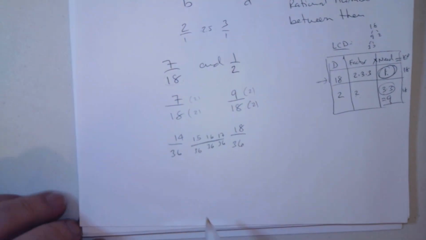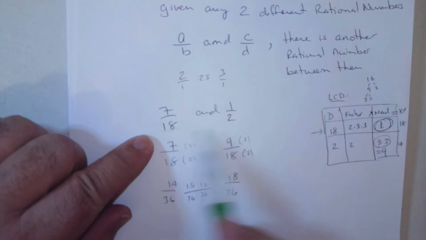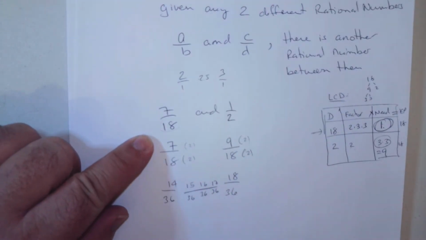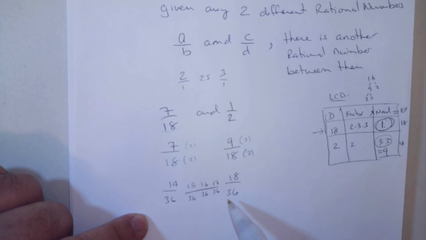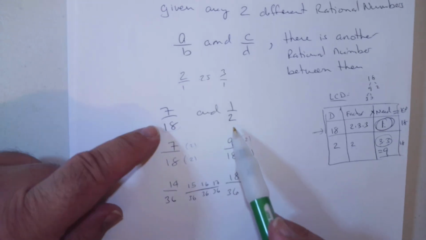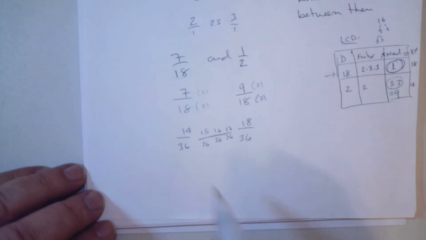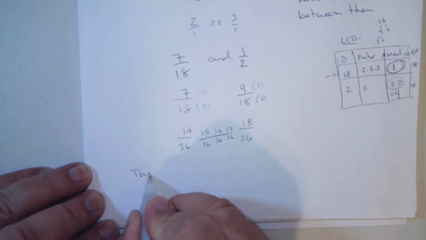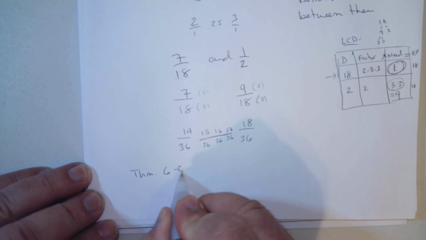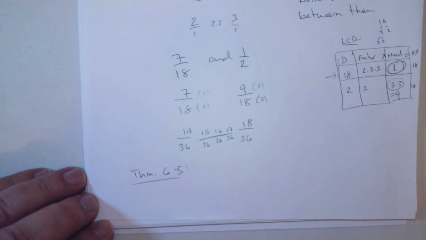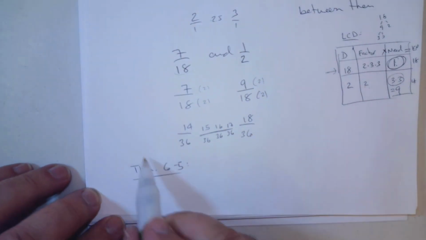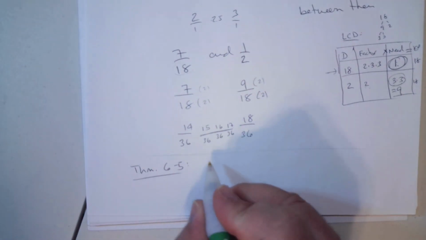But there's another way. If I ask you to find a number between there, one number, you could do this. Get the bottom numbers to be the same, whatever the top is, but there you go. But there's what's called Theorem 6.6-5. This is pretty cool. It's pretty lazy, actually.